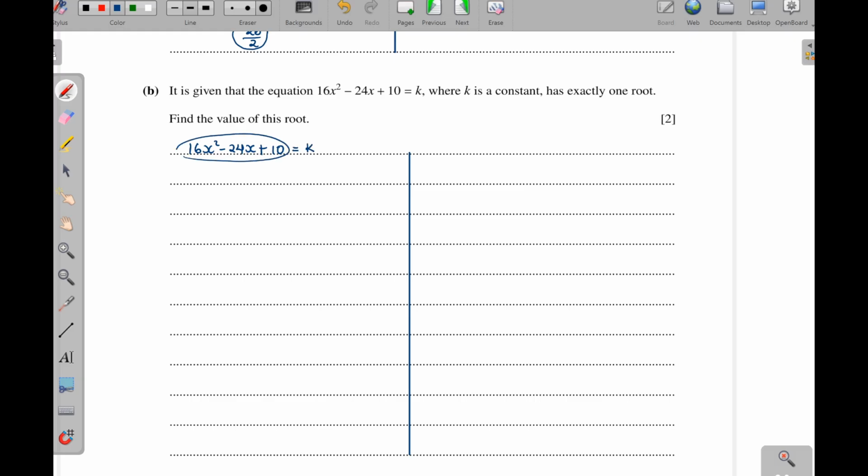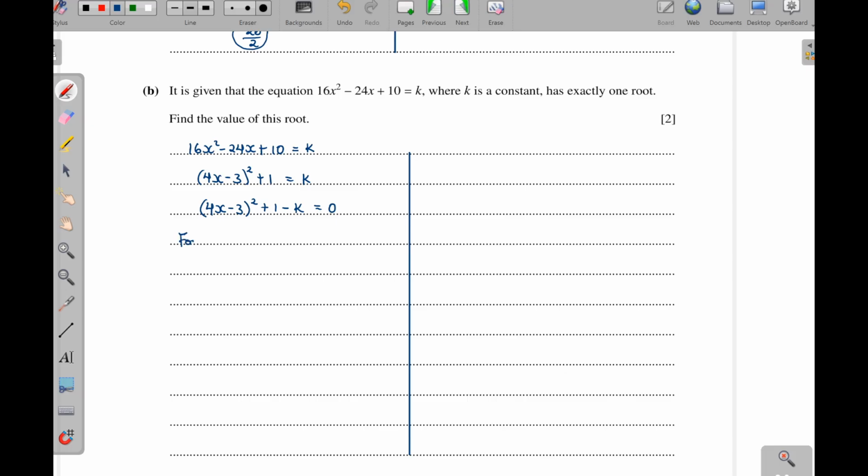Now this one we have seen from up there, it is 4x minus 3 squared, then plus 1, then is equal to this k. Okay, now I can bring this k here, and then we have 4x minus 3 squared, then plus 1 minus k is equal to 0.